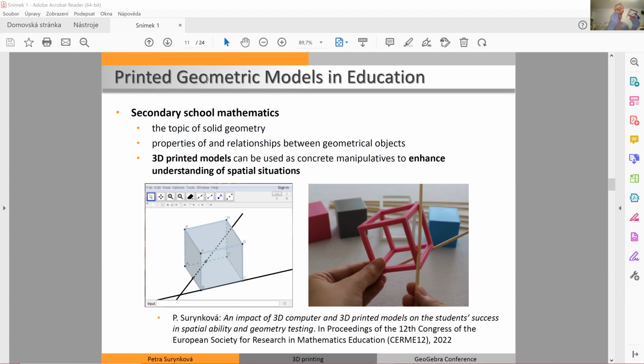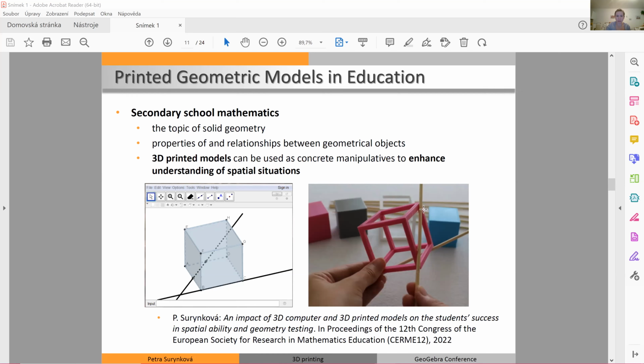So for example, such models. When I'm teaching 3D geometry, every student can have this model and hold it in his or her hands, and they can use it and see, for example, some properties and relationships between geometrical objects.